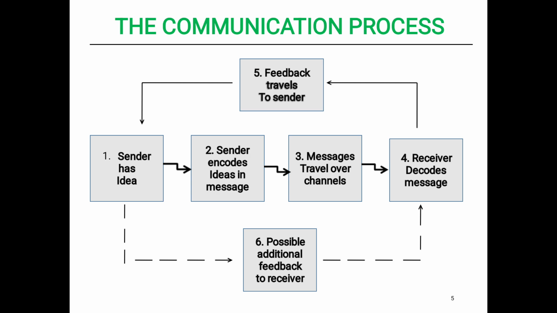So this person wants to share that news with another person. What does he do is very simple. He converts that idea, that news, into a message form that could be transferred via some channels. Step 2 involves conversion of that information, that idea, that knowledge, that emotion into some tangible, understandable form, which then properly becomes a message.